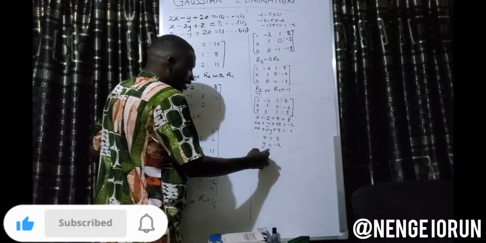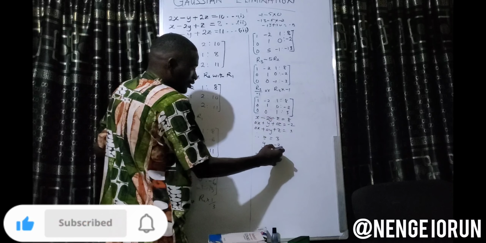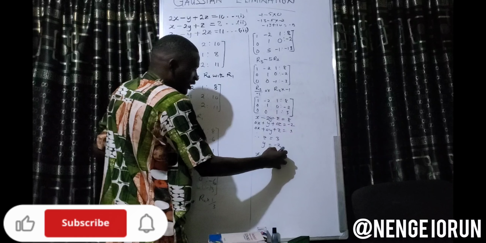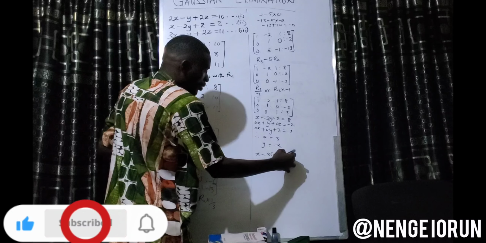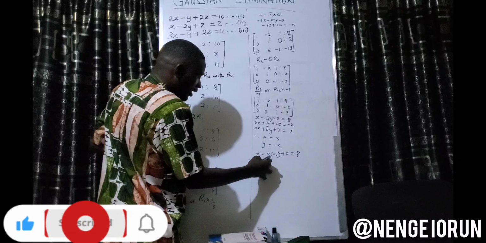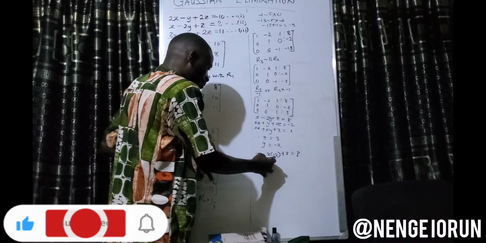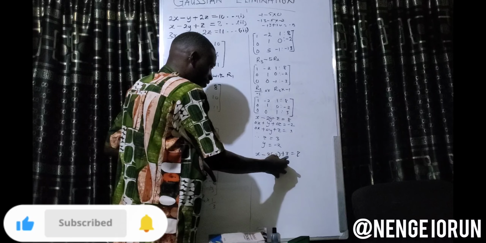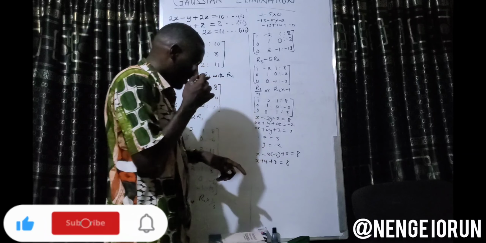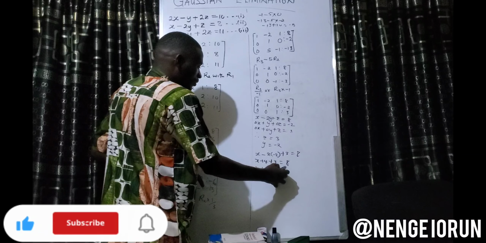So if you are doing that, you have x minus 2 y plus z equals 8. Negative 2 times negative 2 is positive 4, plus 3 is 7. So now this will give us x plus 7 is equal to 8.